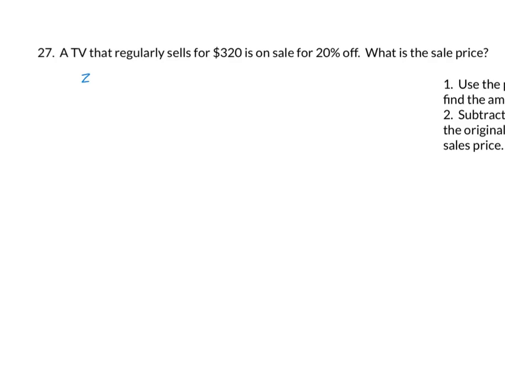We have 20 over 100. To find the amount of the discount, I'm going to put X on top with my percent, and I'm going to put the original price of my TV on bottom. All right, we go ahead and cross multiply.